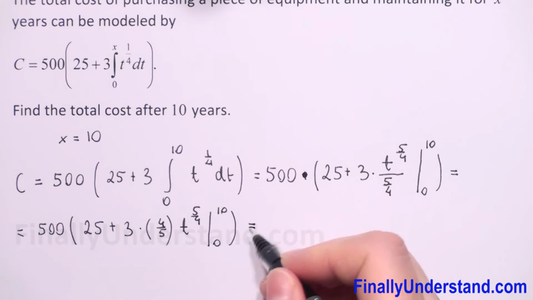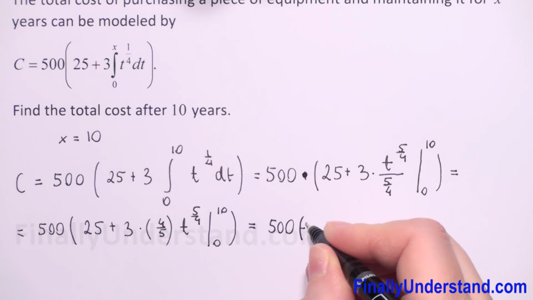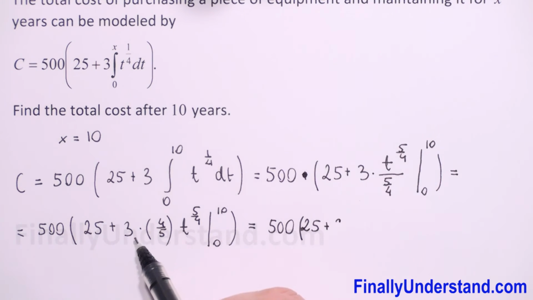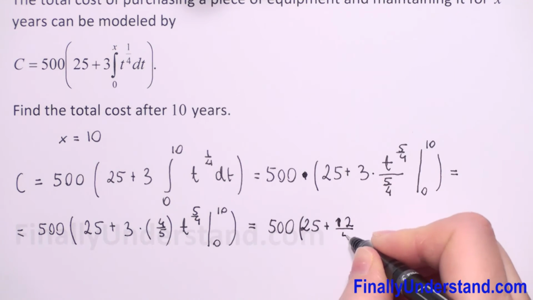So this is equal to 500 times, of course, 25 plus 3 times 4 over 5 is 12 over 5.